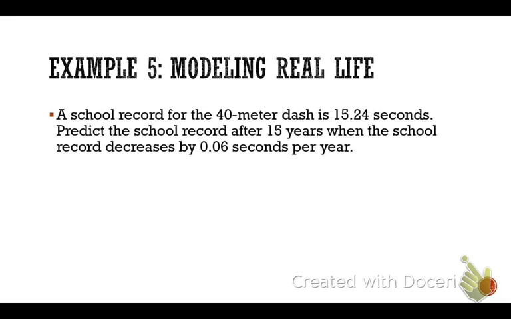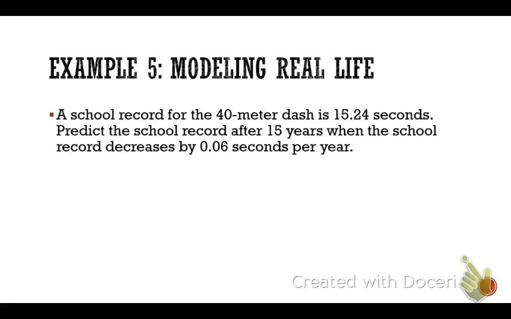If I know it's decreasing by 0.06 every single year, in 15 years, what could I do? Multiply it. 15 times 0.06 would give me the total number of seconds that it's decreasing by, instead of adding it over and over and over again.